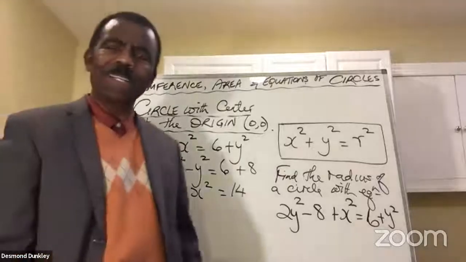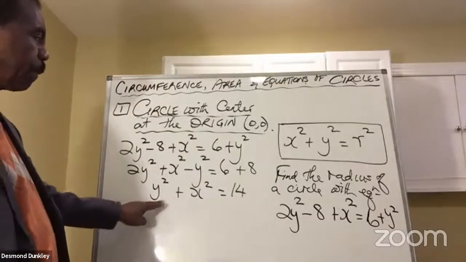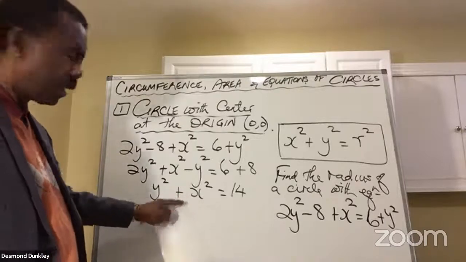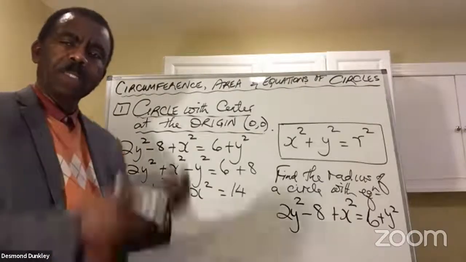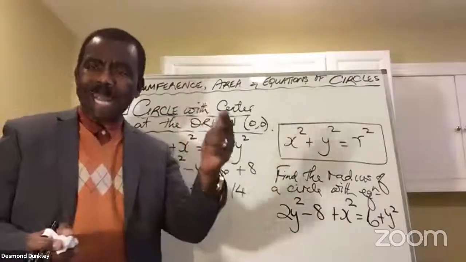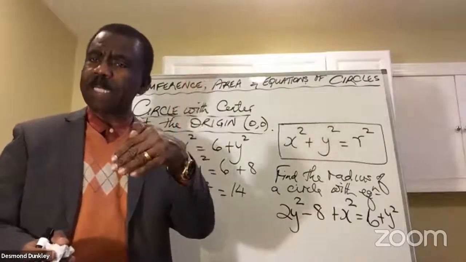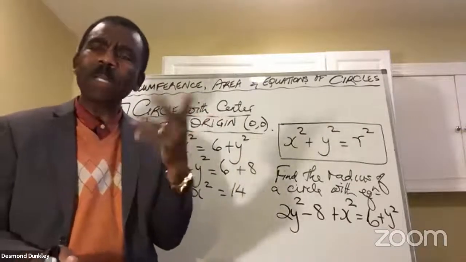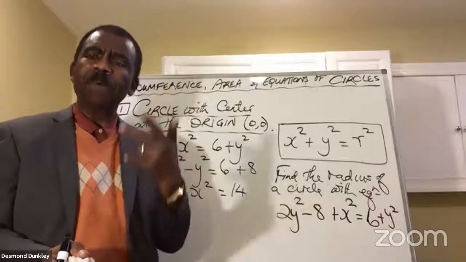Now this looks good. So y squared plus x squared equal to 14, of course, is the same thing as x squared plus y squared. The two are interchangeable. I can switch them around. For example, 10 plus 3 is 13. 3 plus 10 is 13. The order doesn't matter. It's the same result.